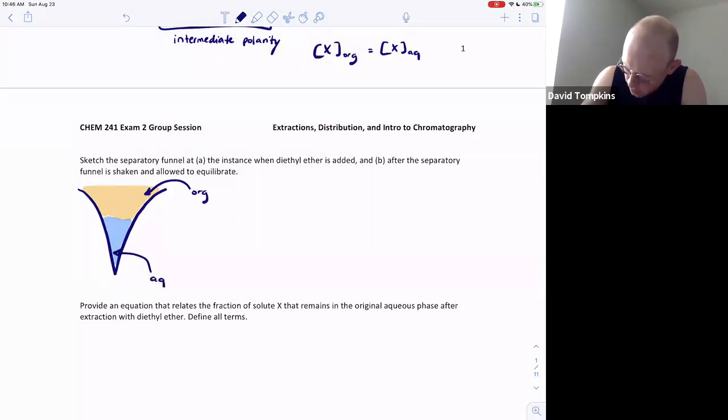It will be sitting upright on the benchtop. And this is assuming, once again, the density of the aqueous is greater than the density of the organic.